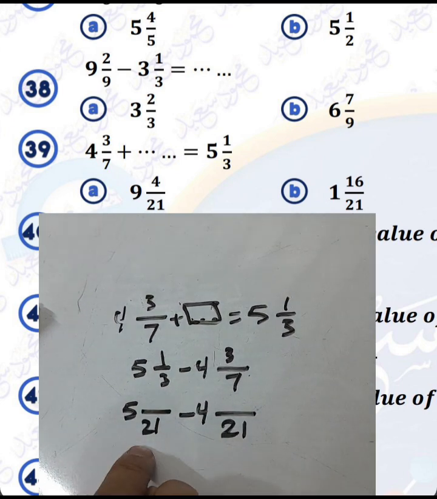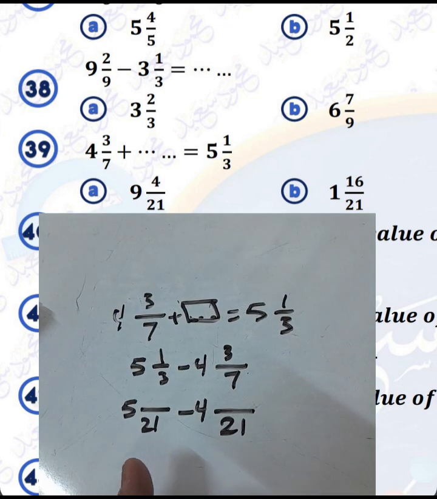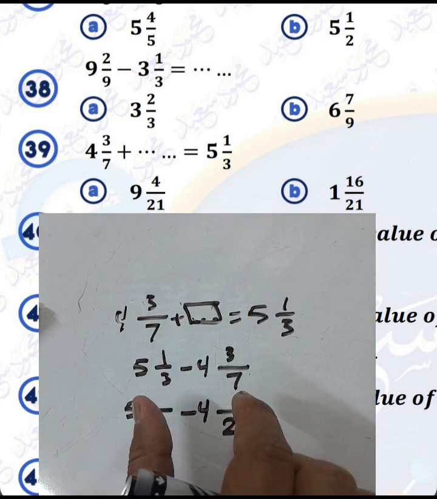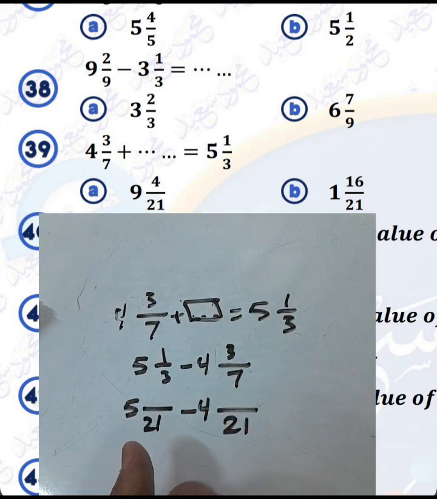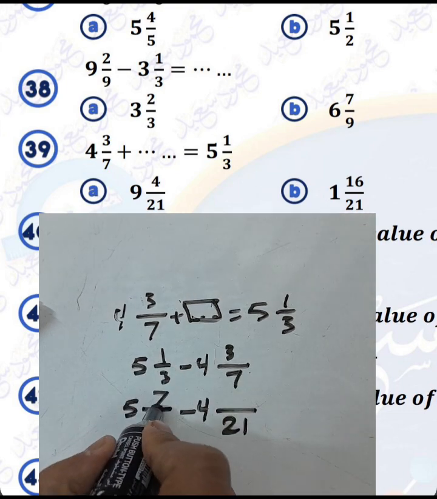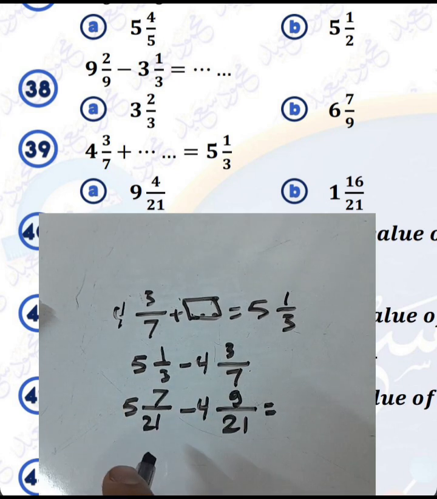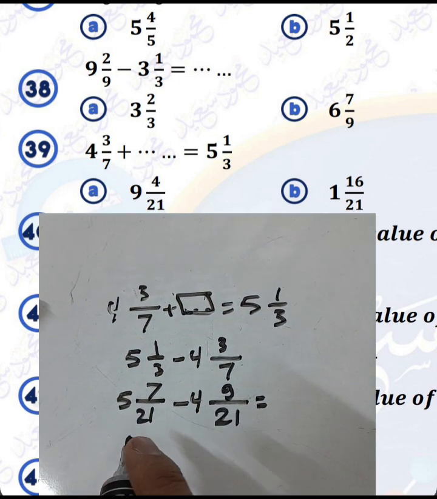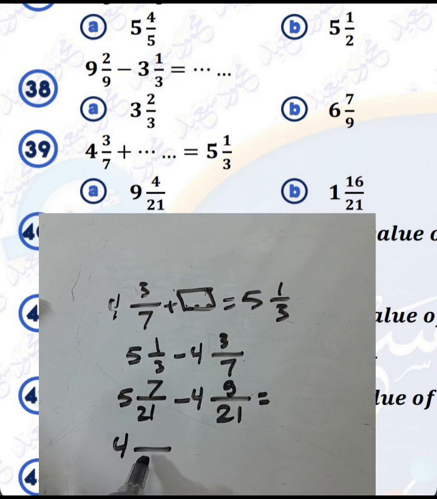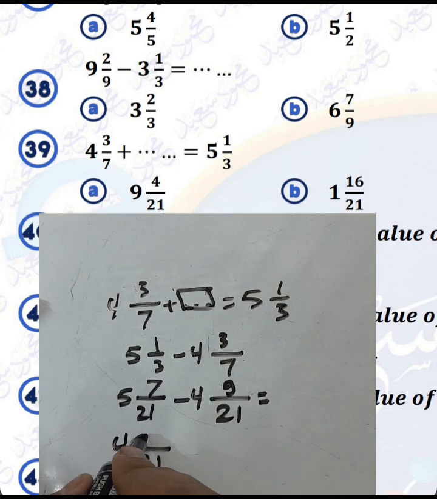It will be 21 because 3 and 7 are called relatively prime numbers. Then the least common multiple between 7 and 3 will be their product. 7 times 1 equals 7 and 3 times 3 equals 9. But 7 minus 9 we can't do it. So we must borrow 1 from 5, it will be 4. And write 21 in the denominator.